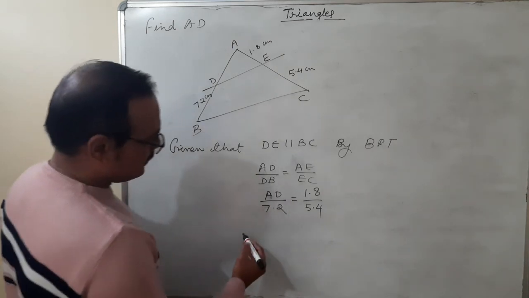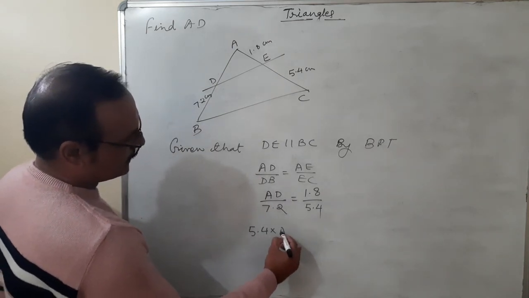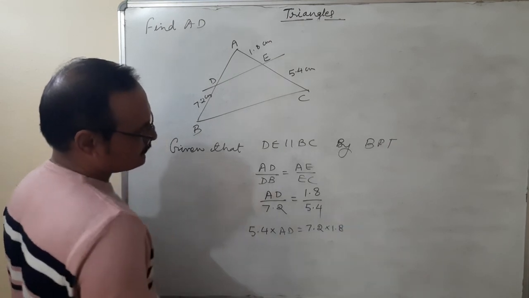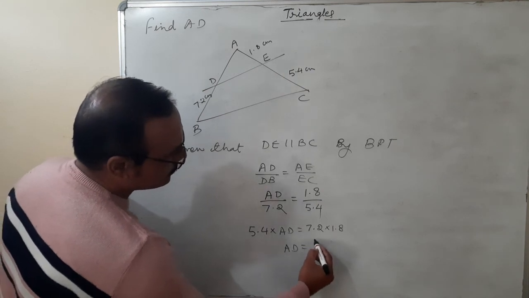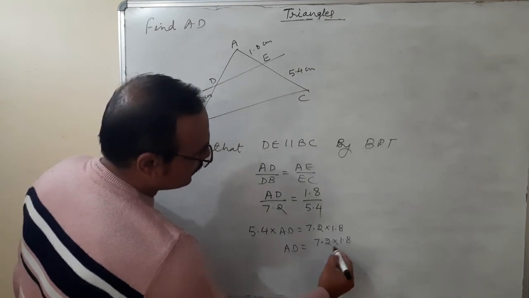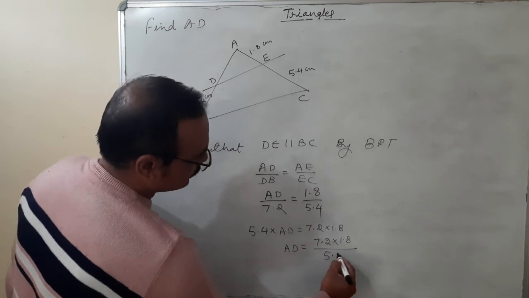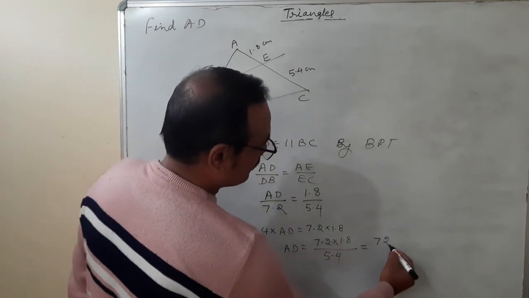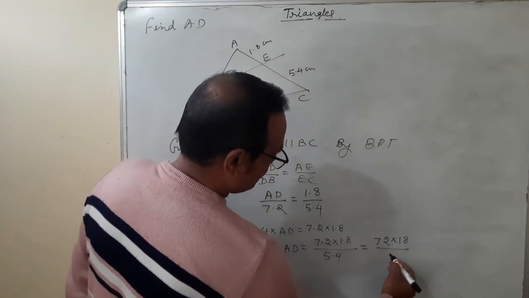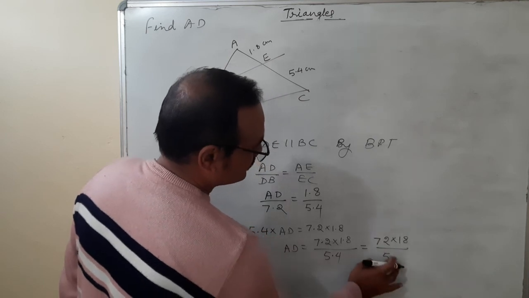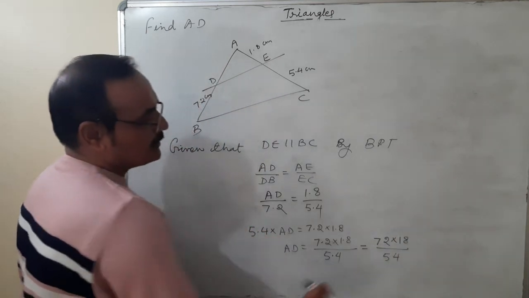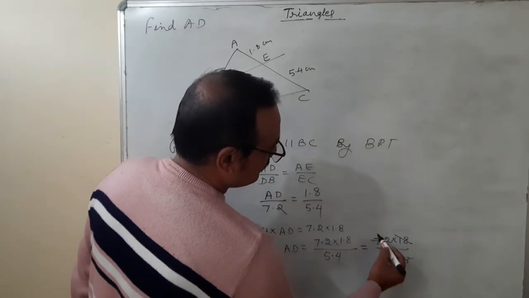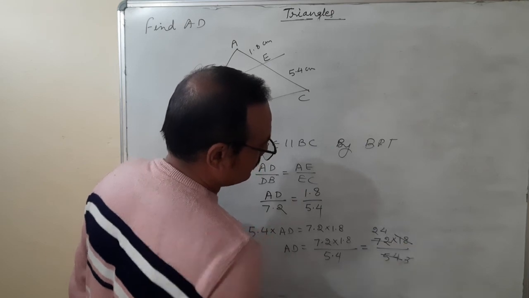Cross multiply. 5.4 multiplied by AD is equal to 7.2 multiplied by 1.8. Therefore, AD is equal to 7.2 multiplied by 1.8 upon 5.4. First, we have to remove all the decimals. 72 into 18 upon 54. 18 threes are 54, 3 twos are 6, 3 fours are 12.